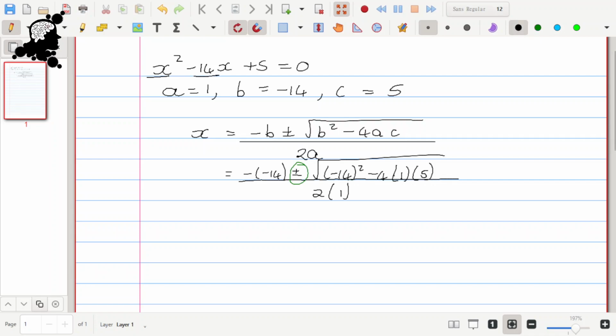Now notice something. The plus or minus that we have here means that we need to have two separate equations. Let me show you what I mean by this. We are going to have x is equal to 14 plus, notice that this time I am omitting the plus or minus. I'm only including one sign.